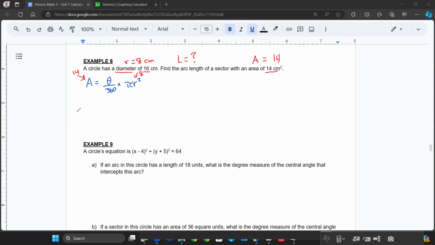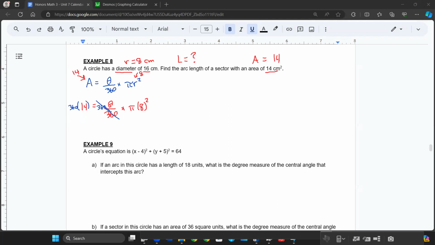And once again, we're going to find that degree. So let's rewrite this as 14 equals theta over 360 multiplied by pi times 8 squared. Now I'm going to do this very similarly to the previous problem. I'm going to multiply both sides by 360 to cancel out that 360 here. That's going to give you a larger number, but remember we're dividing a whole bunch of stuff out.